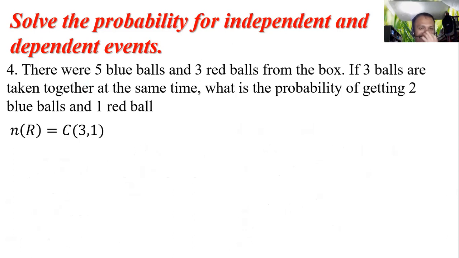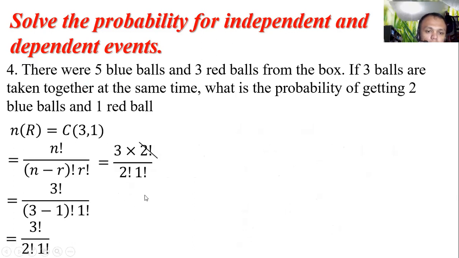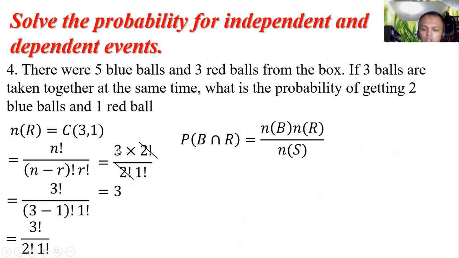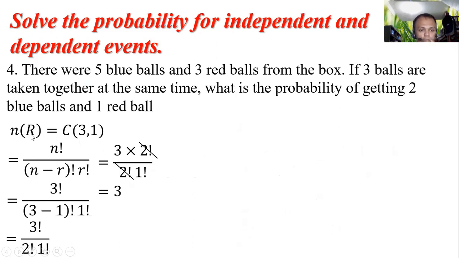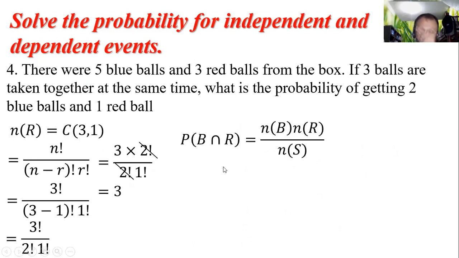Now, next. Di pa tayo tapos sa pagkuha ng mga combination. Sa red balls naman, no? Isang red lang kailangan, meron tayong 3. So, combination of 3 and 1. So, here, automatic 3 na yung sagot dito. Okay? So, 3 na yung number of events natin dito for red balls. Now, multiply tayo, no?